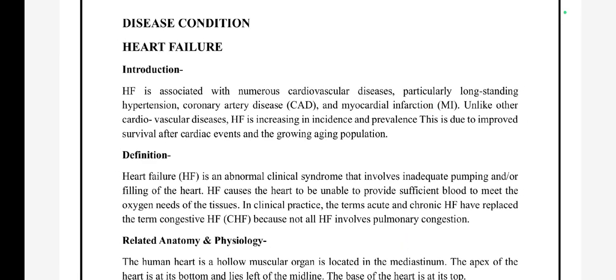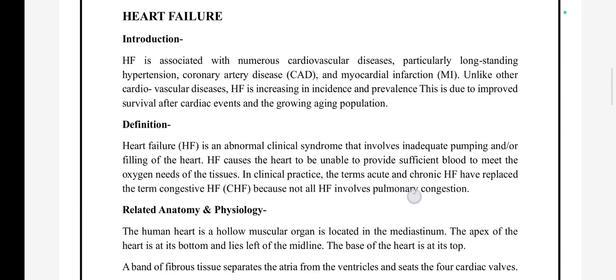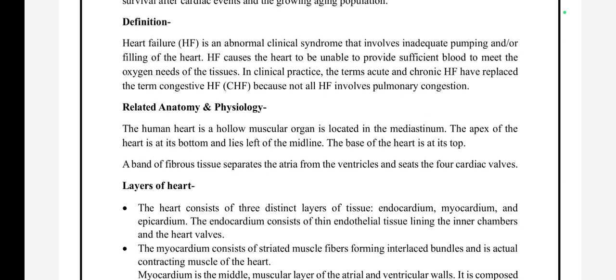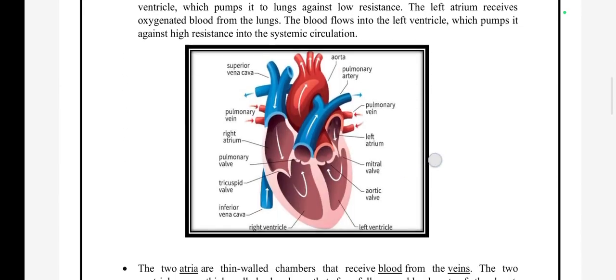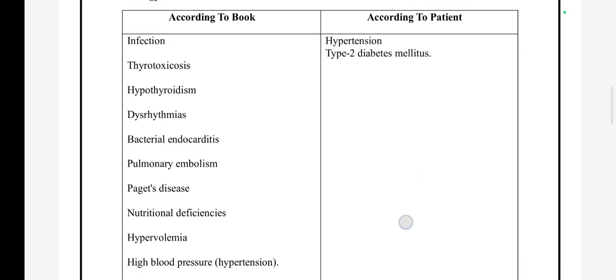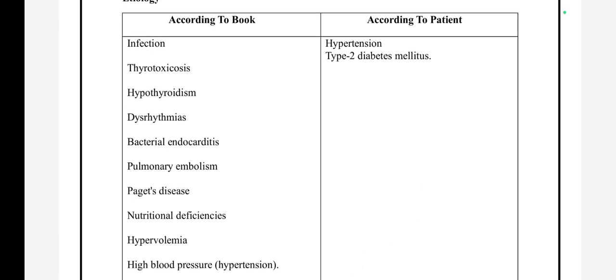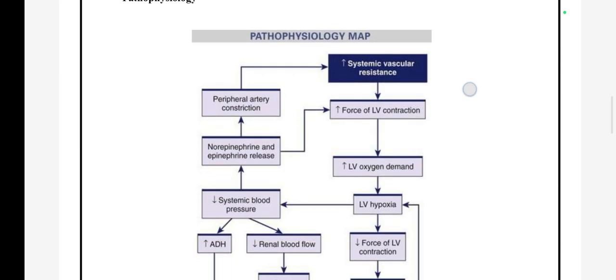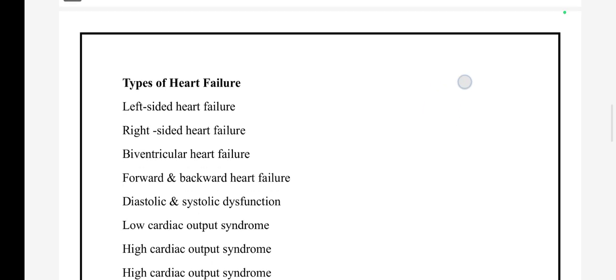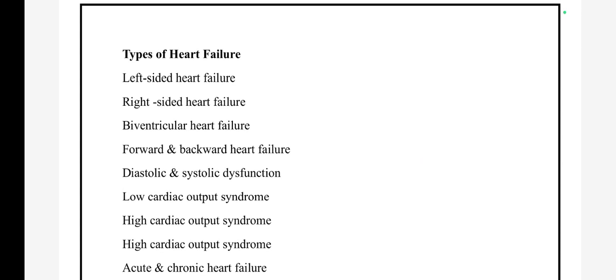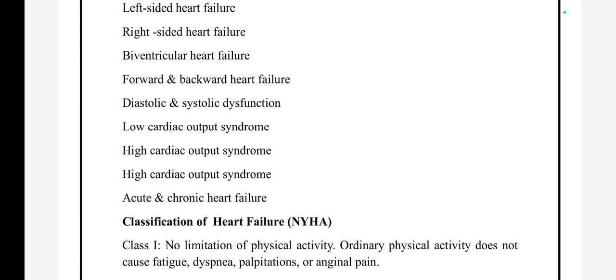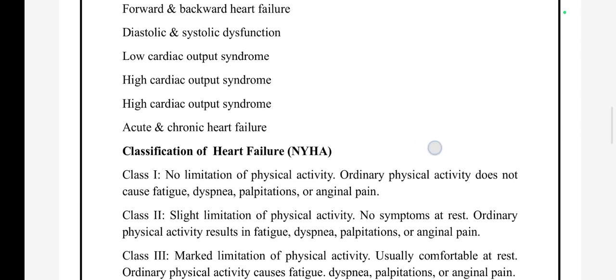Then, coming to the disease condition, you have to explain heart failure. Depending on the type of heart failure, you have to explain it elaborately with the related anatomy, physiology, and etiology according to the book and according to your patient. In the pathophysiology, you have to explain the types of heart failure, and what type of heart failure your patient has.